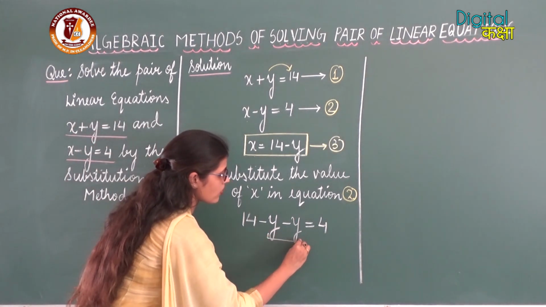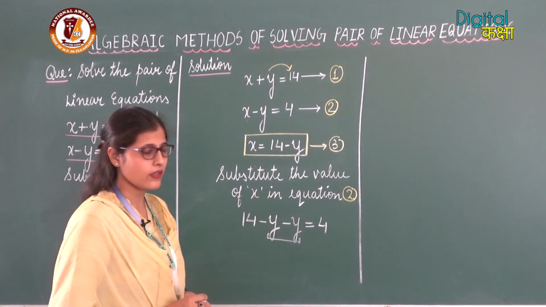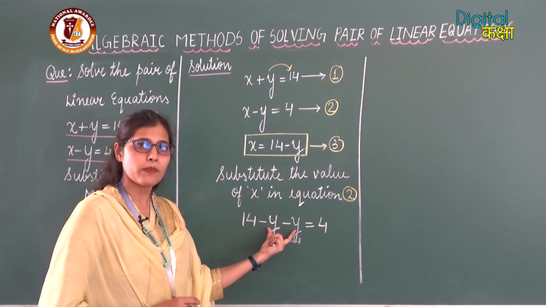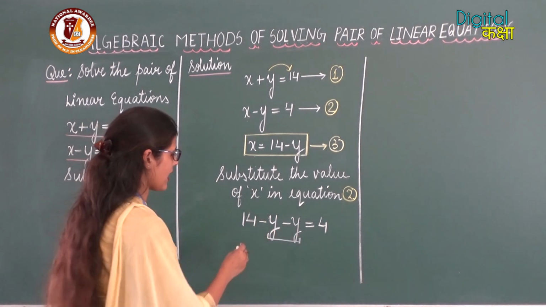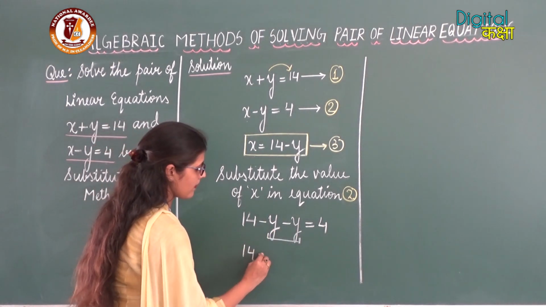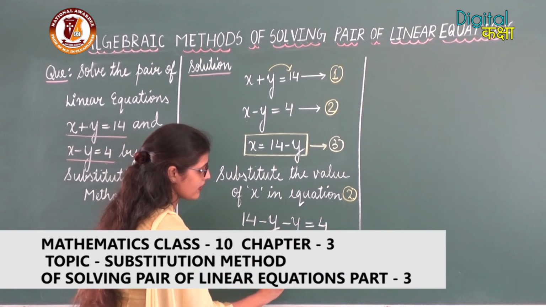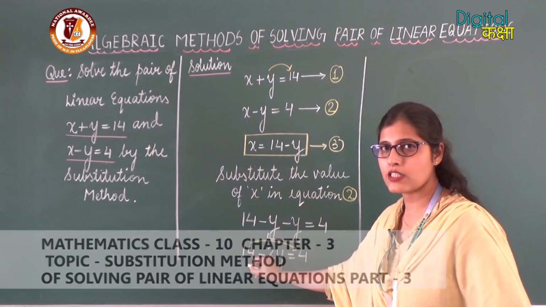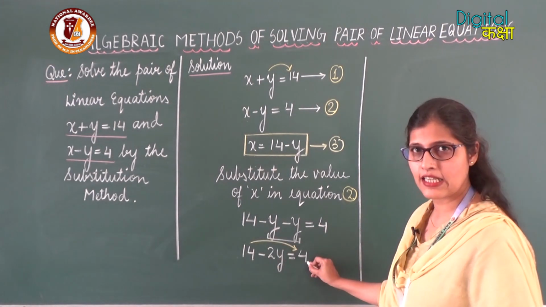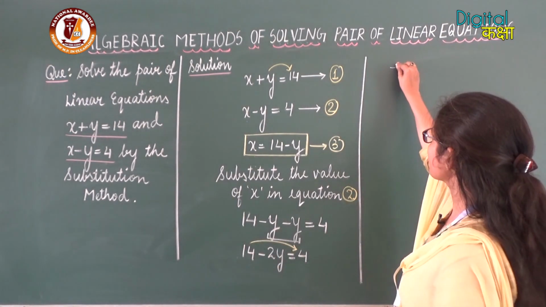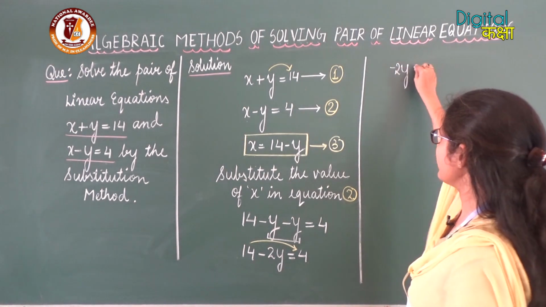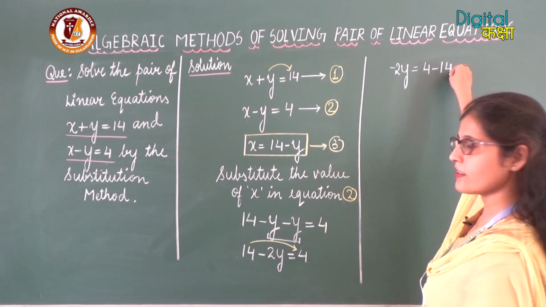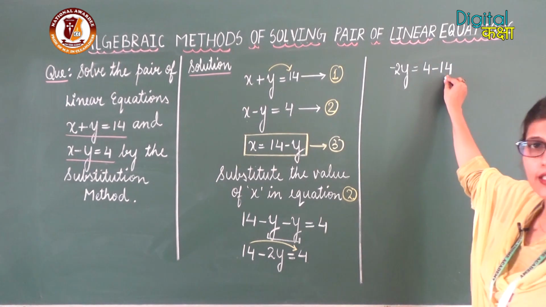First we will be solving the variables. Since we know that minus minus will be plus, it will be written as 14 minus 2y equals to 4. We will be shifting this 14 on the right hand side. So it will be written as minus 2y equals to 4 minus 14.